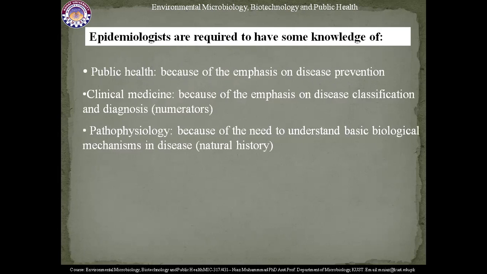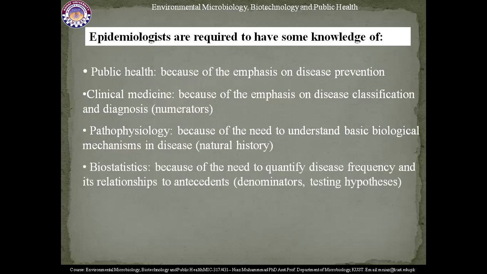And pathophysiology, because of the need to understand the basic biological mechanism and mode of action of the causative agent. If that is a viral disease, which type of viruses are involved, how they are penetrating, how they are working and proliferating inside the body, which type of environmental factors are supporting the causative agent, and how it can be stopped.